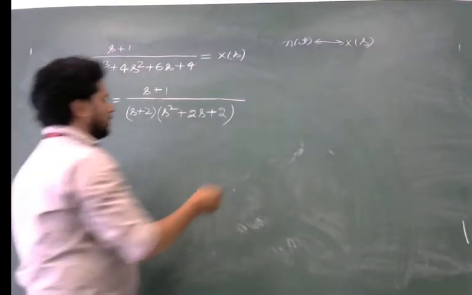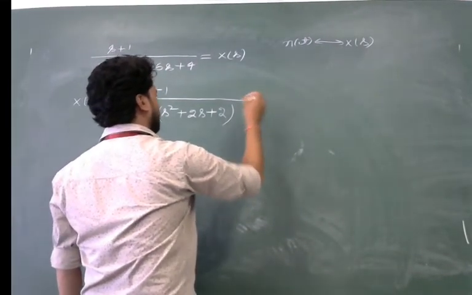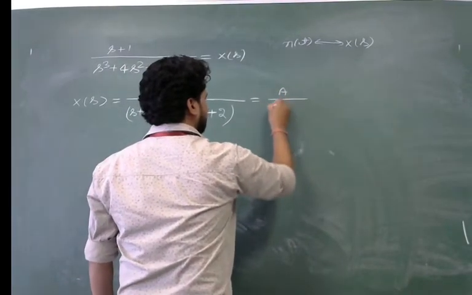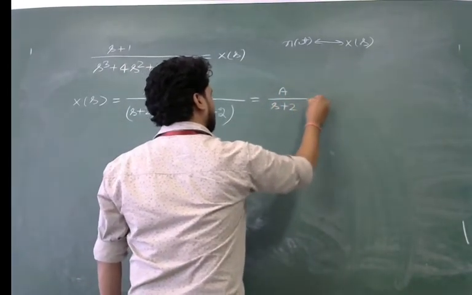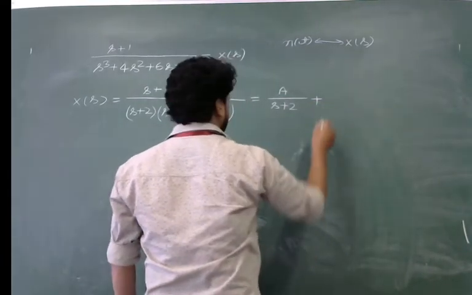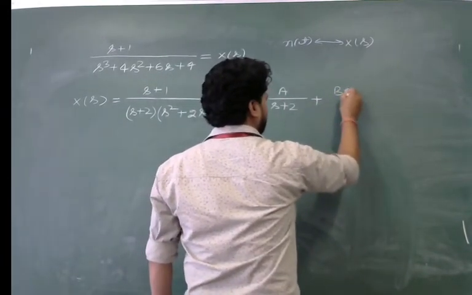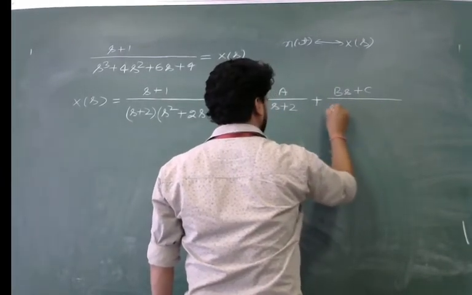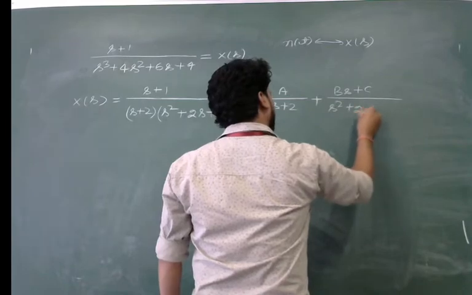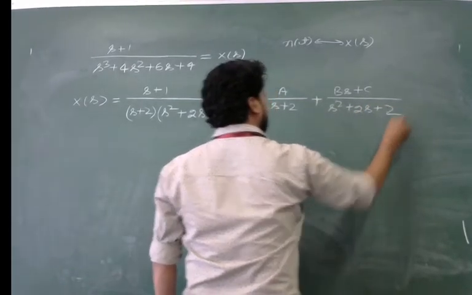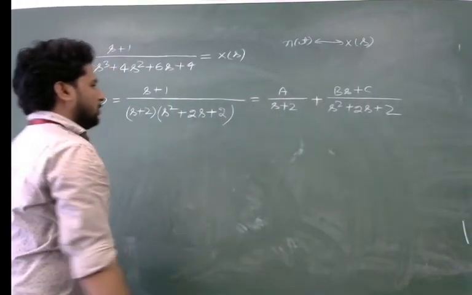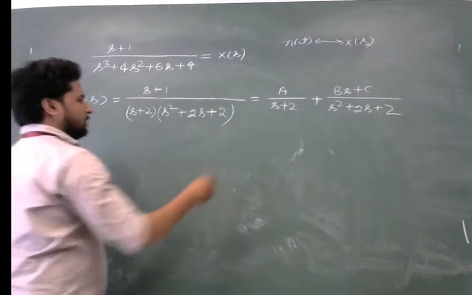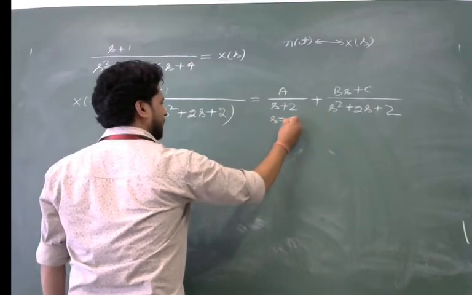So this can be written in the form of partial fractions as a upon s plus 2 plus bs plus c upon s square plus 2s plus 2. Now we can get the value of a very easily by putting s equal to minus 2 here.